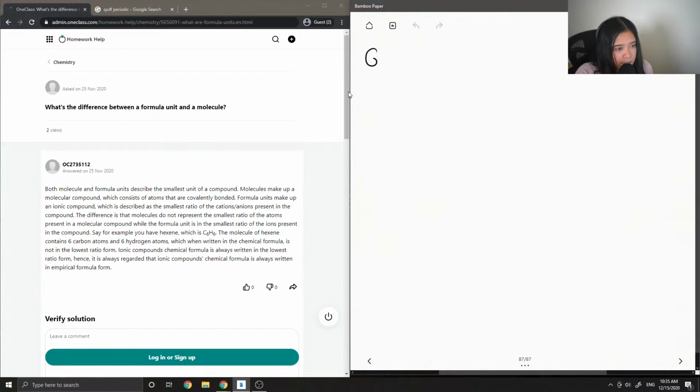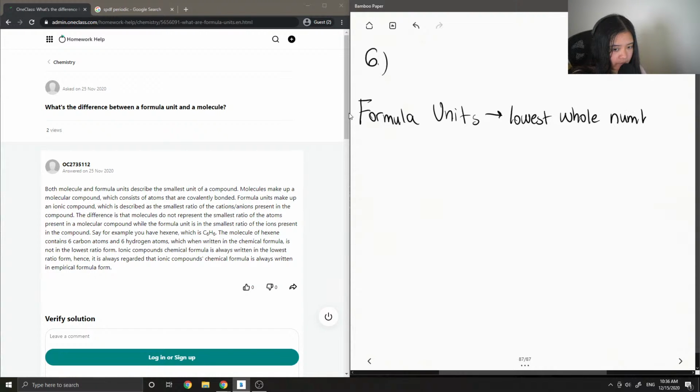Okay, so question 6 asks, what's the difference between a formula unit and a molecule? So first I'll just write down the definition of a formula unit. So formula units are the lowest whole number ratio.